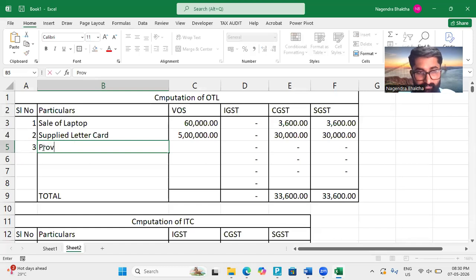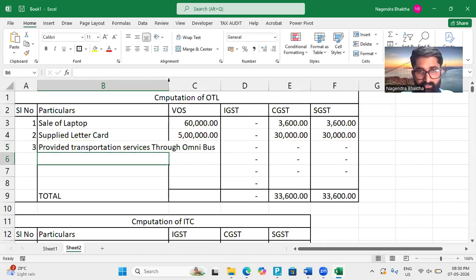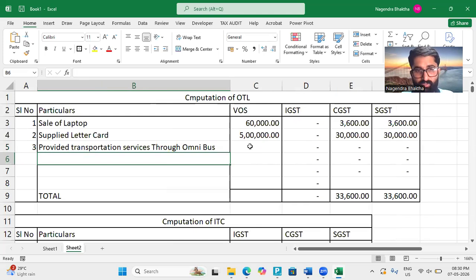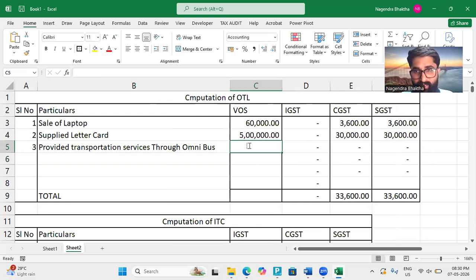Provided transportation services through omnibus. What is the value? 12,58,000.